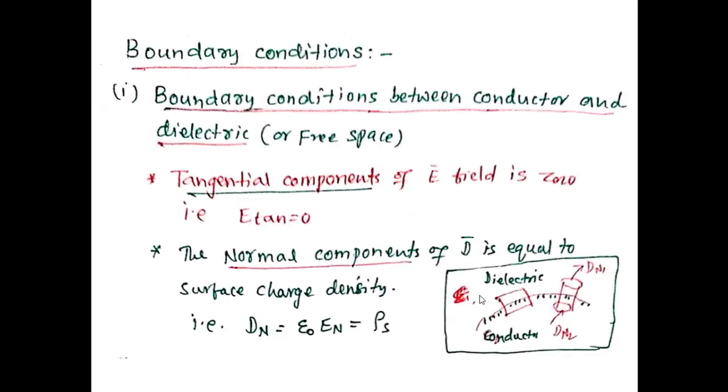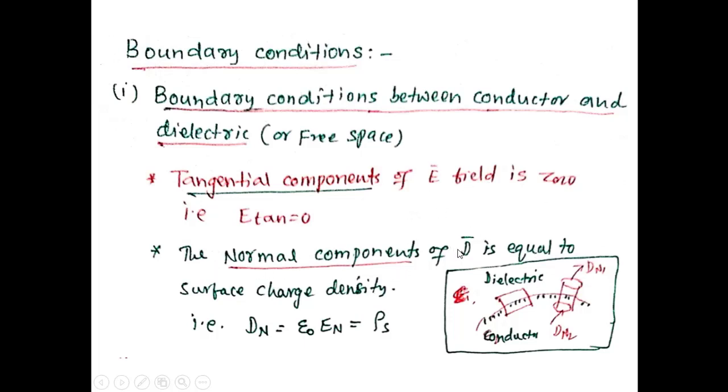Here, the boundary conditions are for two media, one a conducting medium and another a dielectric or free space. We have to derive the tangential and normal components. At the boundary between a conductor and a dielectric, there is no tangential component, so E tan is equal to 0, because E bar is 0 in the conductor.